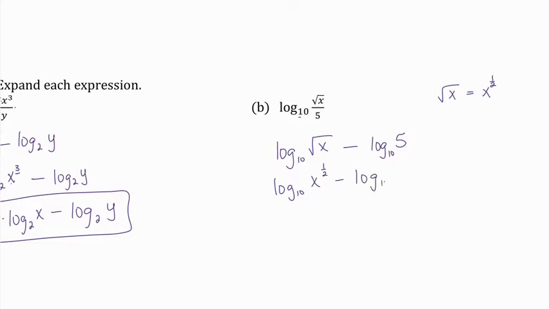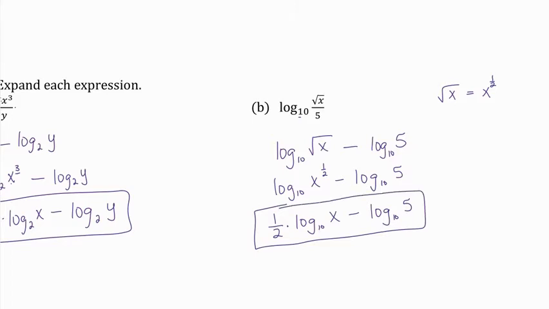And once I've got it as an exponent, now I can take that exponent and put it in front of my logarithm. That would be 1/2 times log base 10 of x minus log base 10 of 5. And that's as much expanding as we can do on that expression.